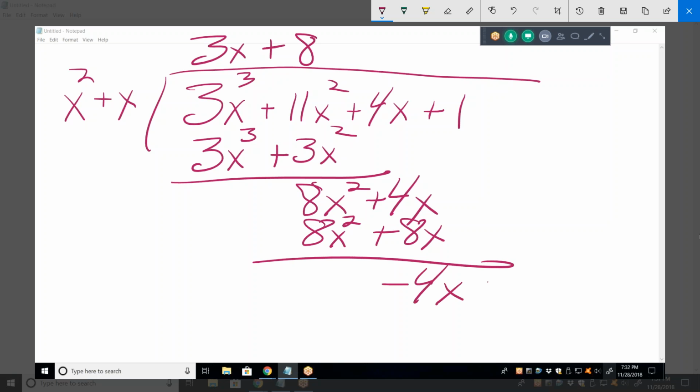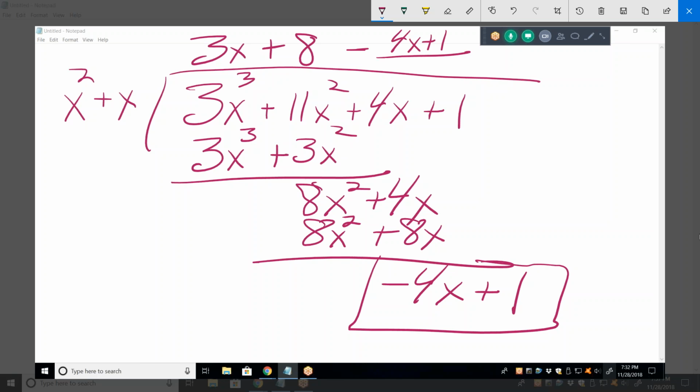Then bring down the plus 1. At this point, I know that is a remainder because it's a lesser degree than what I'm dividing by. I'm dividing by x squared, and this is already an x. So now my remainder is 4x plus 1 divided by x squared plus x. And that's simplified because I can't really simplify that anymore.